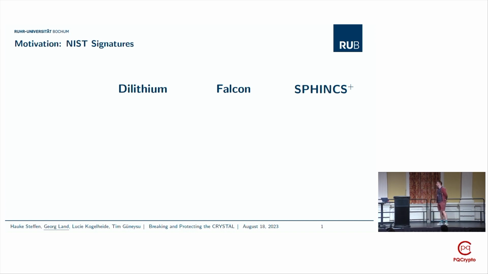So a bit of the motivation. Back then there was not yet this NIST selection when we started working on this, but we could have guessed that the same argumentation would hold. Now we have this selection of Dilithium, Falcon, and SPHINCS+. If we ask whether there are embedded use cases for each of these schemes, then probably Dilithium is the prime choice. You could argue that Falcon should be in brackets as well.